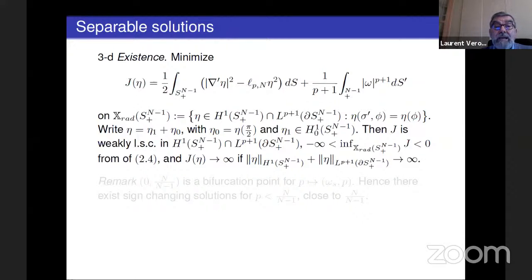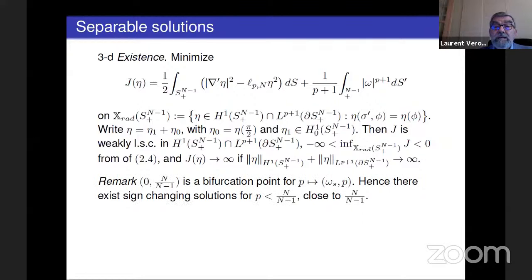And what I do, I write it as the sum of a function in H1 0 of S n minus 1 and another function. I can do this because I know that on the boundary the function depends only on phi. So if phi is equal to 0, it's a constant.